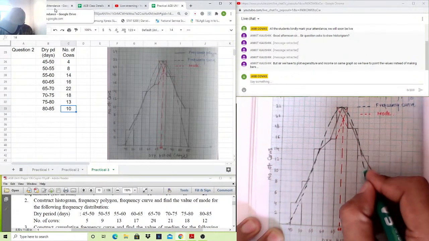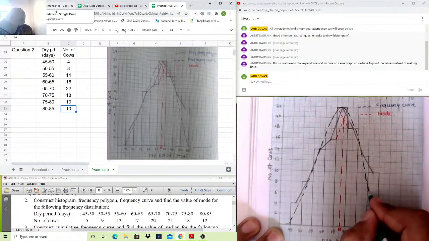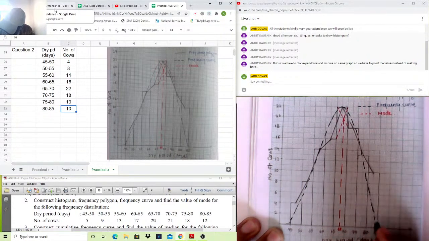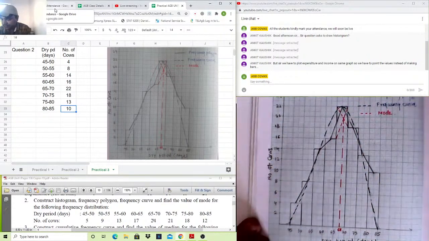So it is a continuous line, and it need not touch all the midpoints.